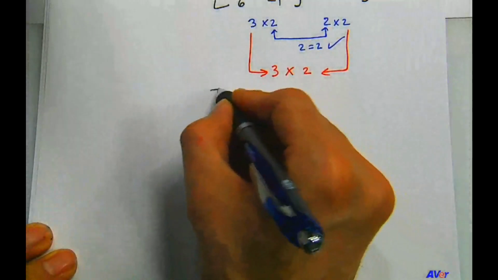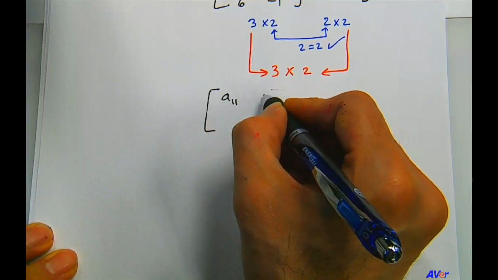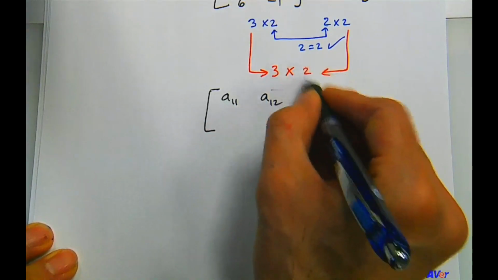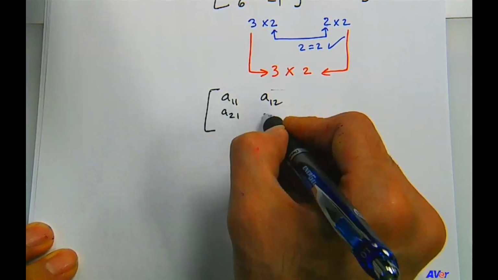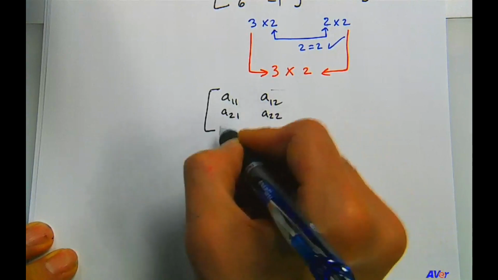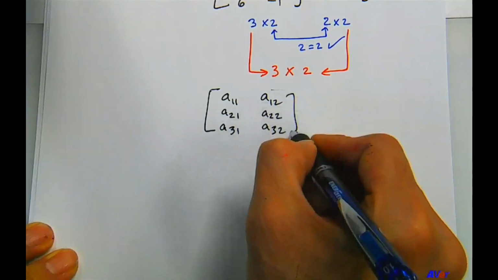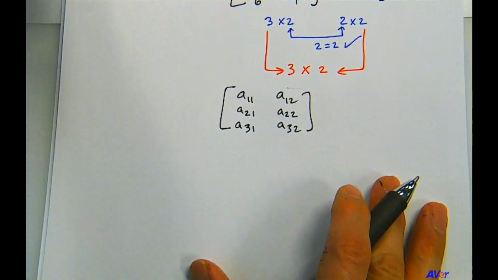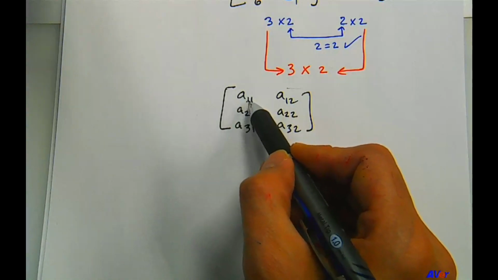So 3 by 2 would be 3 rows, and only 2 columns. So A11, A12, A21, A22, A31, A32, right? So this is saying that this number is in position row 1, column 1.